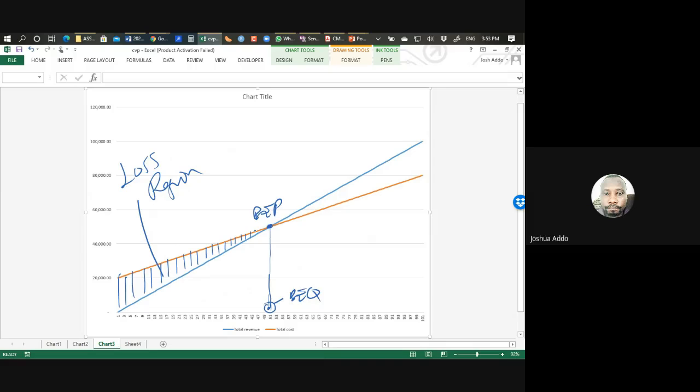If you trace this to the revenue axis, any value you pick here is the break-even revenue. So you have to note that this axis, the vertical axis, is for revenue, and the horizontal axis is for volume of sales.